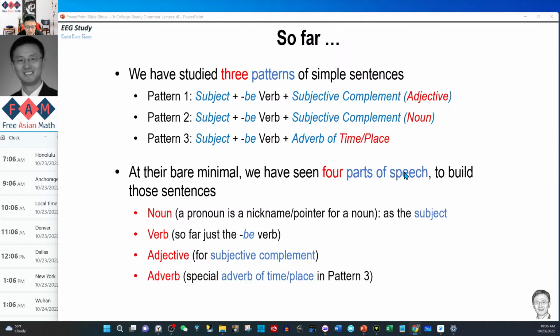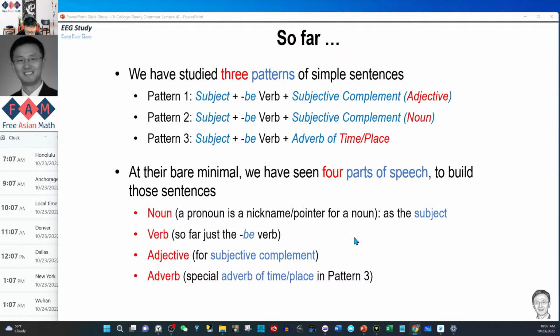And then we see an adverb, the adverb of time or place in pattern 3. So at the bare minimum, we need those 4 parts of speech to build the simple sentences that we have learned.